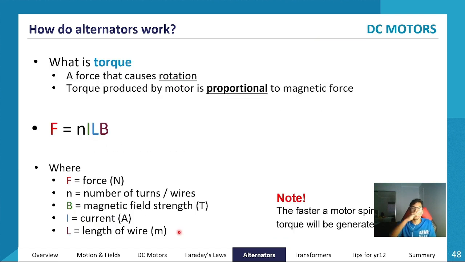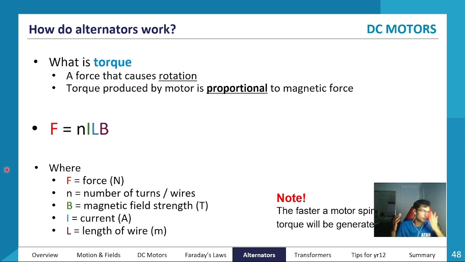Cool. So this brings us to one of the new study design points, which is torque. What torque is, if you remember from year 11, is basically turning force. And a motor is pretty much a thing that turns, right? So anything that turns produces torque. And when we have a motor, we want to maximize the amount of torque.